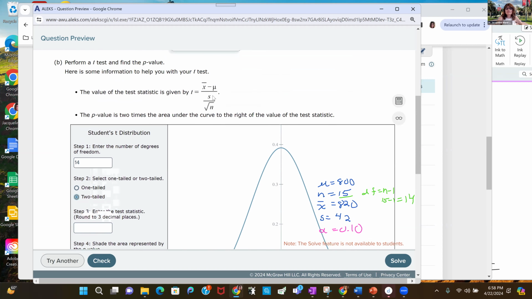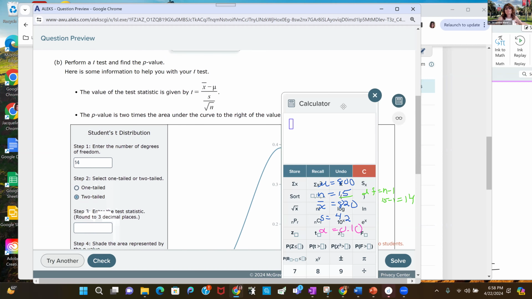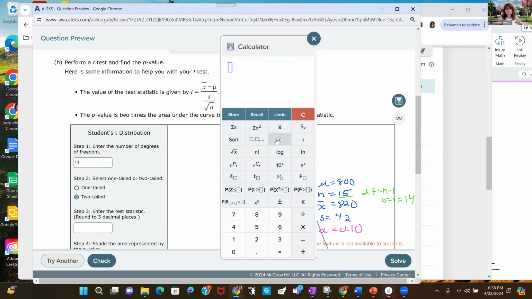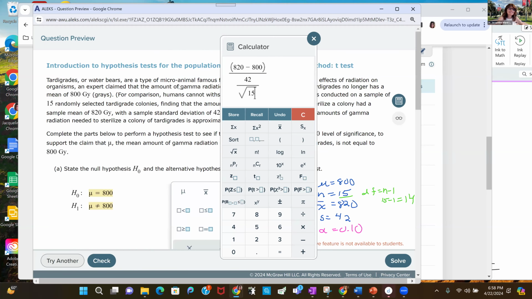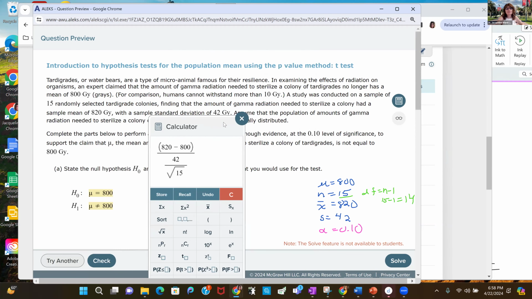And then we want to calculate the test statistic. So we have x bar minus mu over s divided by the square root of n, which is 15. It was 42, right? Just making sure I can read my handwriting.